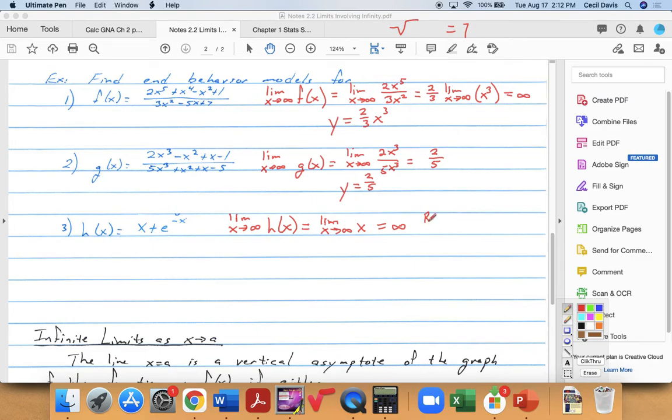So the right end behavior is y is equal to x. On the right, this is just going to look like the line y equals x. What about on the left? You know left and right can never agree.